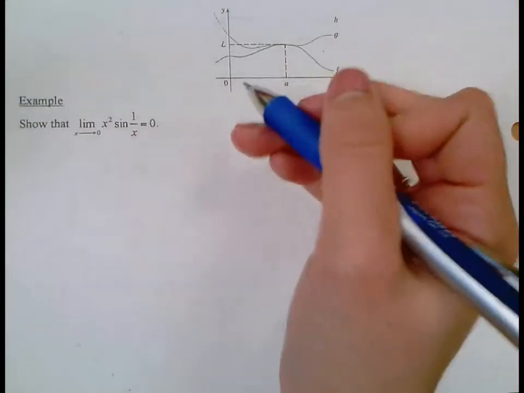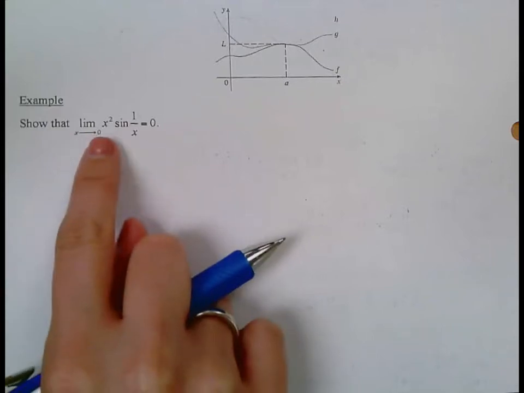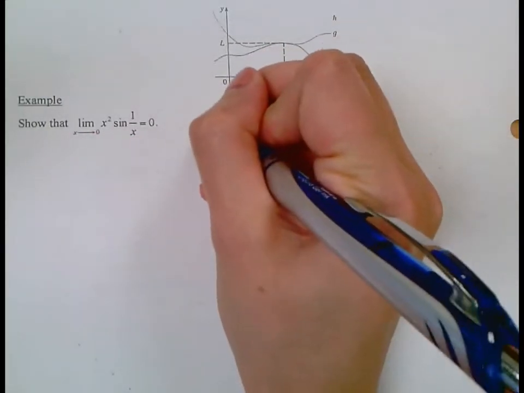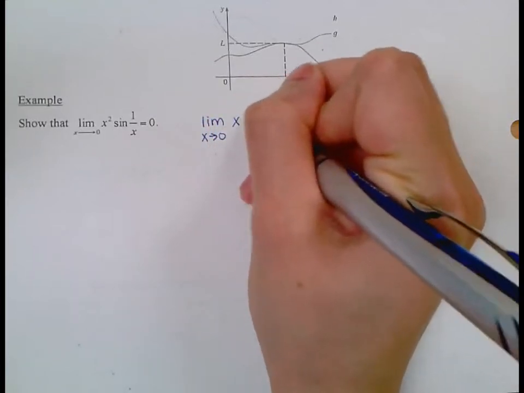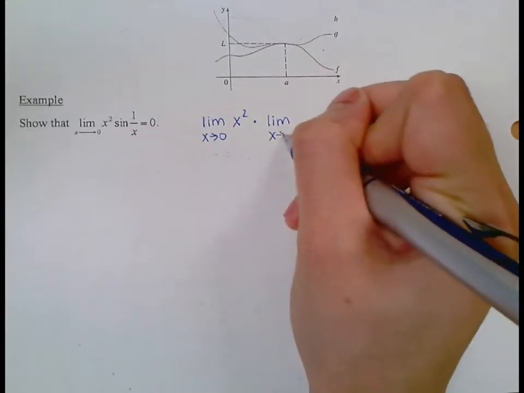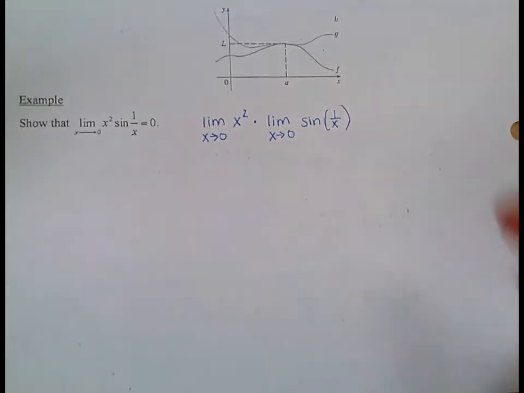I'll briefly explain why. I could rewrite this using limit laws because I have the limit of a product, so that's going to equal the product of the limits. So this would be the limit as x approaches 0 of x squared times the limit as x approaches 0 of sine of 1 over x.